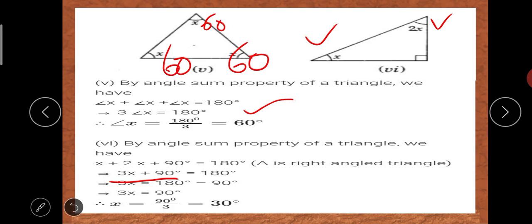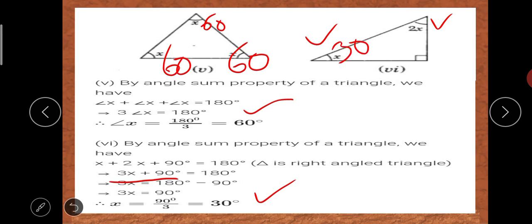Now here 3x equals 180 minus 90, we will get what? 90. Now we have to find the value of x only, so we will divide. 90 divided by 3, so we will get what? 30.